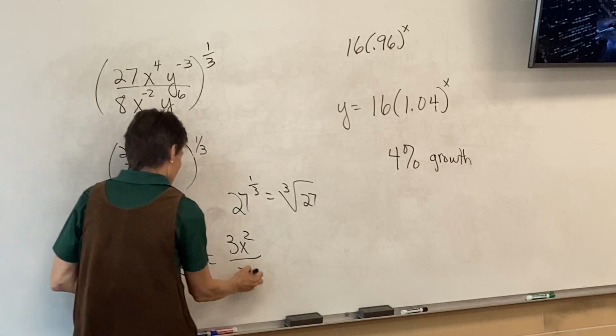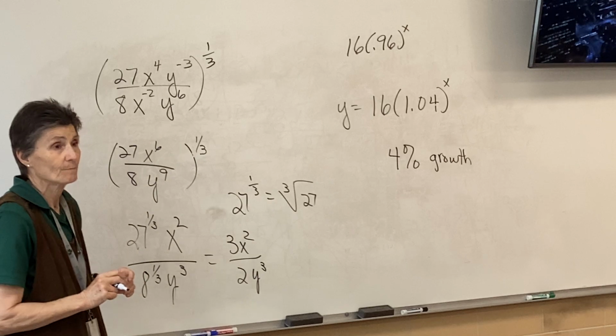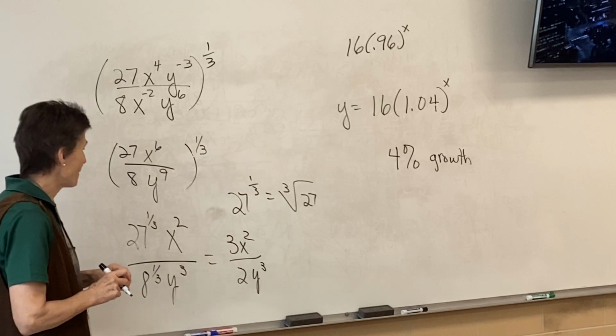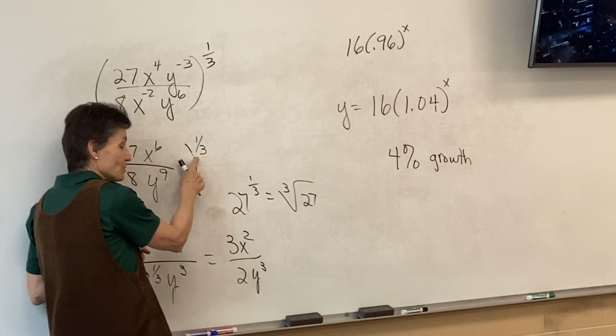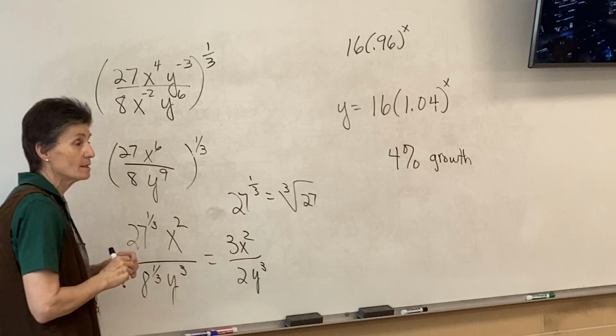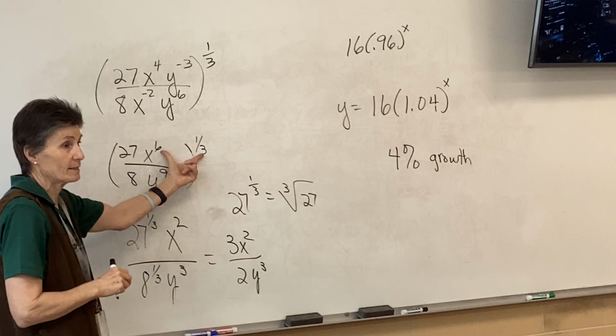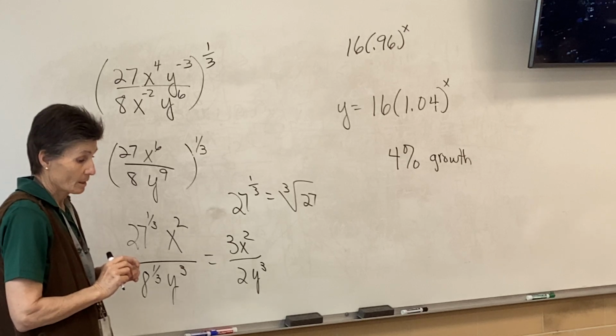Cube root of 8, which is 2. So that would be my final answer. We have to remember there that exponents get multiplied by the powers. So that's a multiplication right there. Okay?